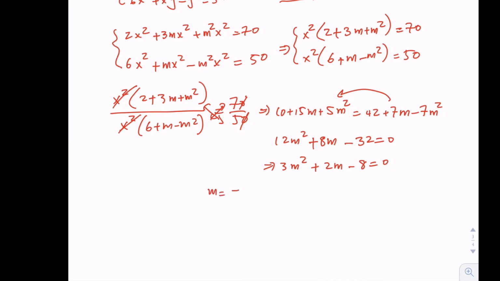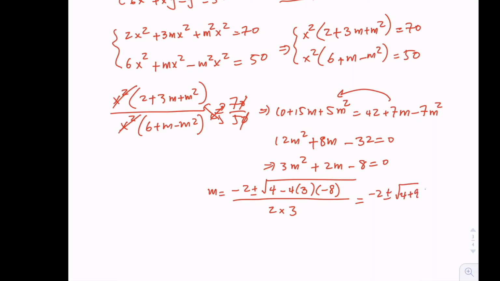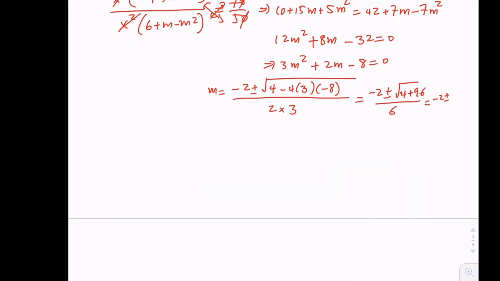So m will be minus 2 plus or minus the square root of 4 minus 4 times 3 times minus 8, divided by 2 times 3, and this is going to be minus 2 plus or minus the square root of 4 plus 96 over 6, which will be minus 2 plus or minus 10 over 6. Therefore m1 will be minus 12 over 6, which is minus 2, and m2 will be 8 over 6, which will be 4 over 3.